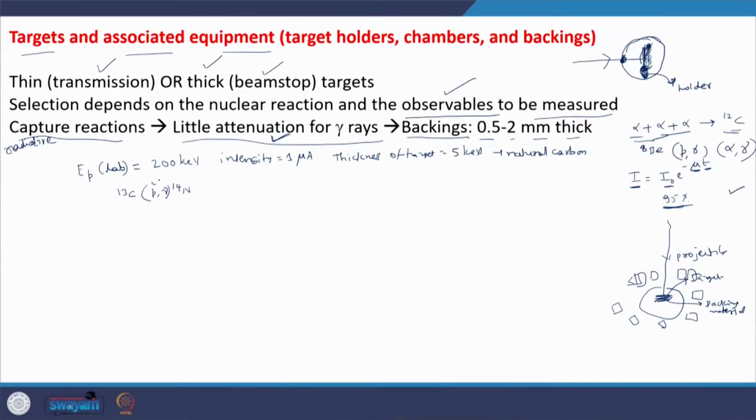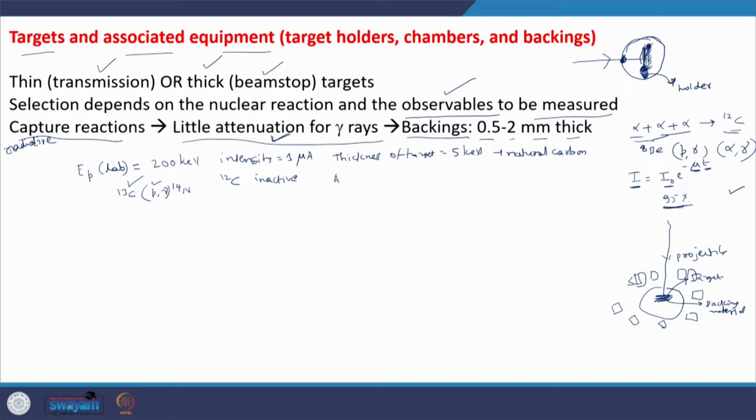And the current is given as 1 microampere, and the reaction is proton on carbon-13. In natural carbon, you have both carbon-12 and carbon-13, but here I am trying to understand the proton on carbon-13 reaction. So, you can assume that the 12C present in the natural carbon target is inactive.